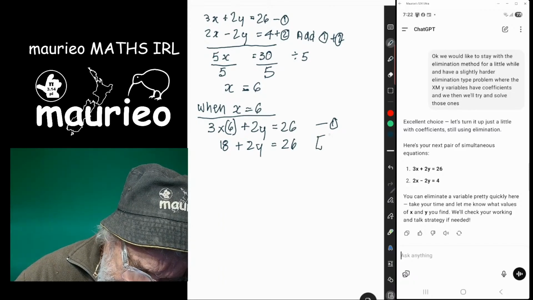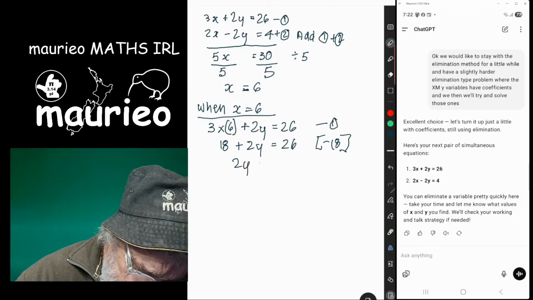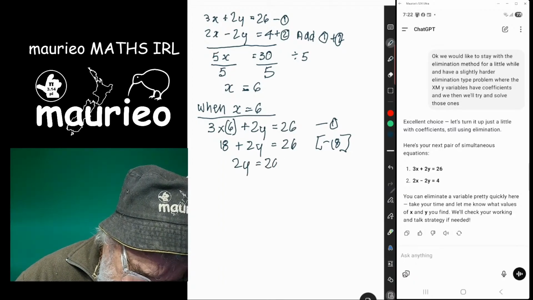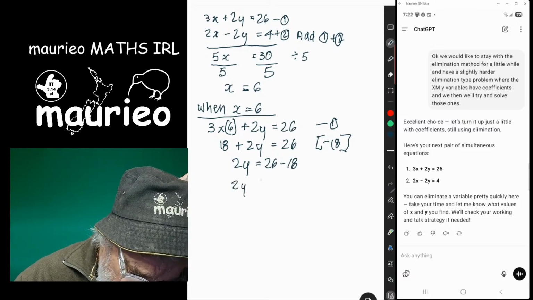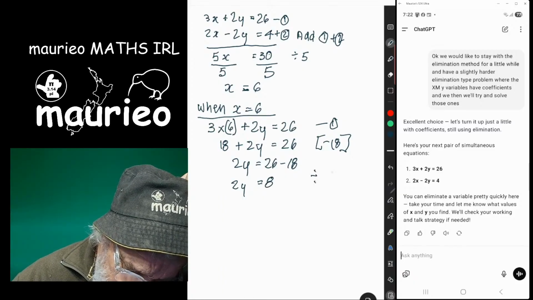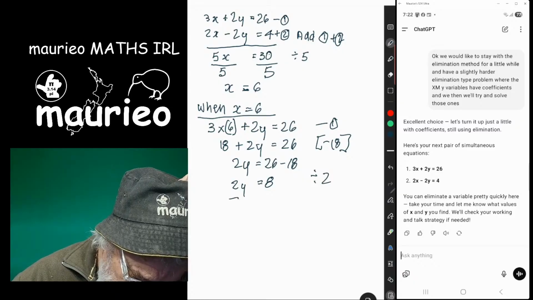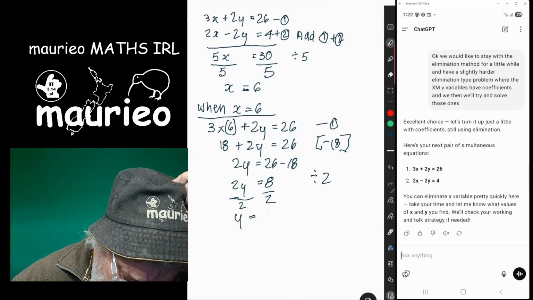We'll subtract 18 and we get 2y equals 26 minus 18. 2y equals 8. Divide by 2. y equals 4.